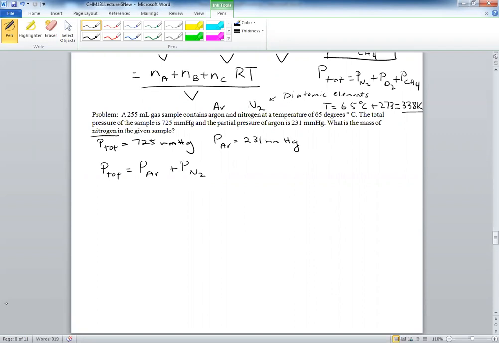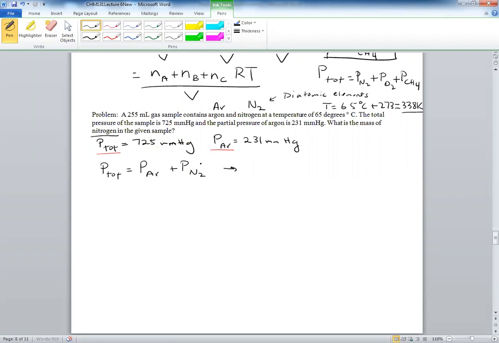Then after you calculate the pressure of nitrogen, you can solve for the mass using the ideal gas law equation. But let's start. You do agree with me that P total is given right here, and the pressure of argon is given. So we plug them in to solve for the pressure of nitrogen.